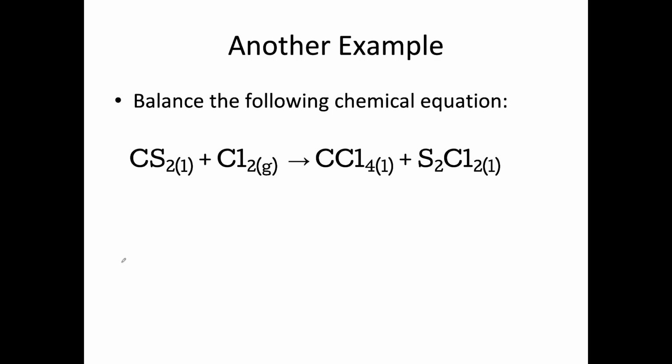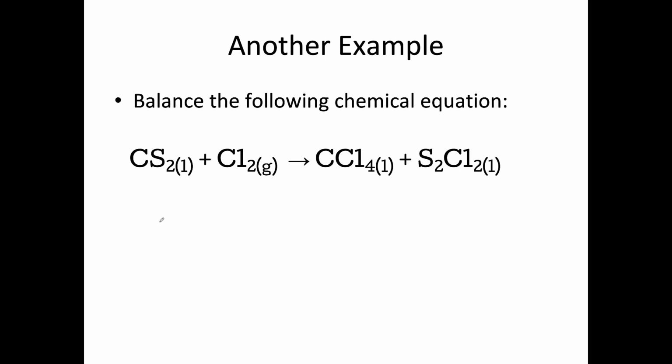And I'm just going to go through here. Let's go to this one. And now we have an equation where we got chlorine on both sides. Last example. CS2, carbon disulfide, plus chlorine gives me carbon tetrachloride plus disulfur dichloride.